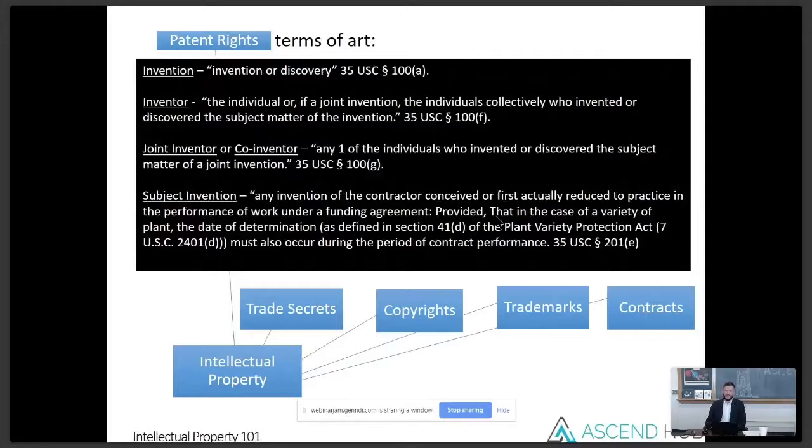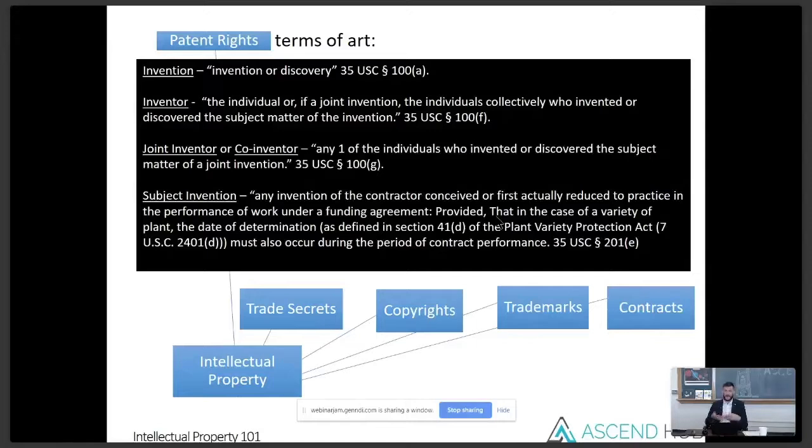And the Bayh-Dole Act said that ownership of subject inventions can be claimed by the institutional operators of a federal research grant, but we have to certify and report back to the government in certain ways on that invention. And those inventions that are subject to this rule are called subject inventions. So a subject invention is any invention of the contractor, i.e.